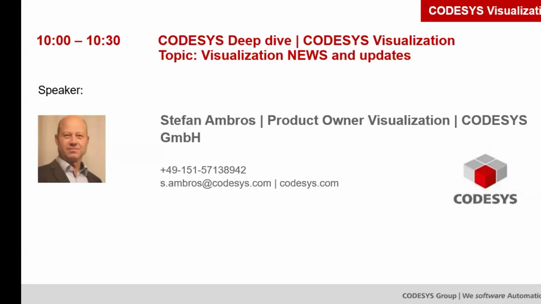Maybe a comment from my side. In fact, what you see is a Python script, so the result can directly be, let's say, debugged or seen inside the CODESYS development system. So it's not a real-time execution of some code, but it's how the tool is automated by the script.